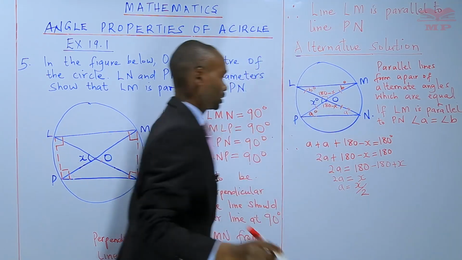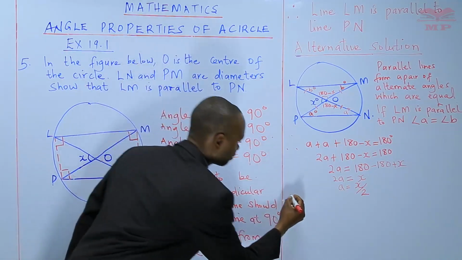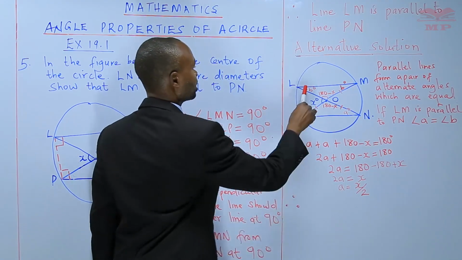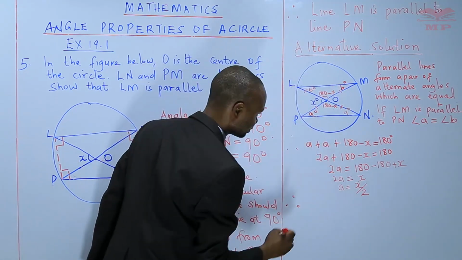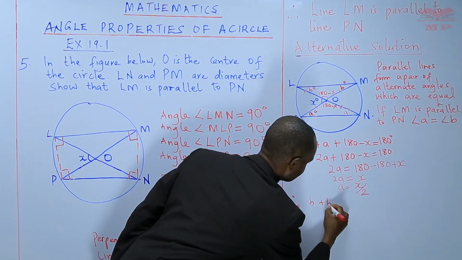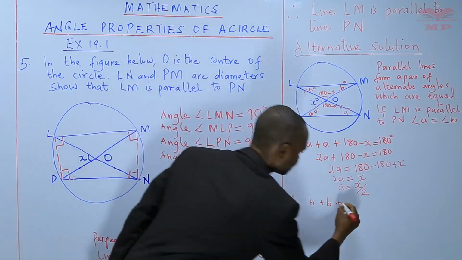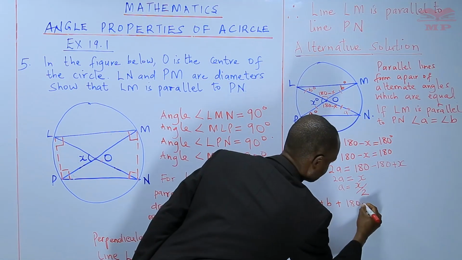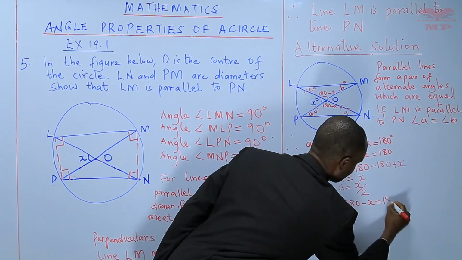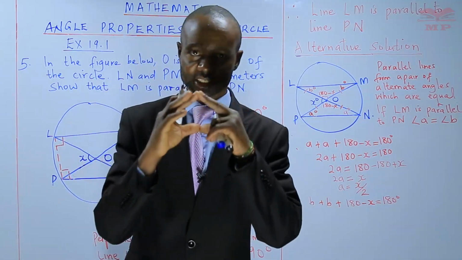So from the diagram, B plus B plus 180 minus x will give us 180 degrees, because those are three angles in a triangle.